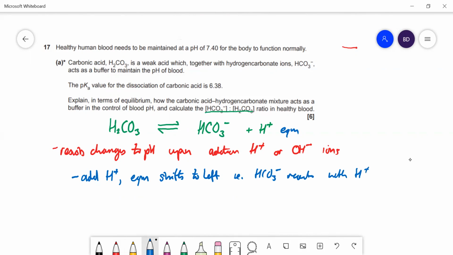Let's think, if we add OH minus, that will react with H plus to form water. So that will lower H plus. If you lower H plus, the equilibrium is going to shift to the right.